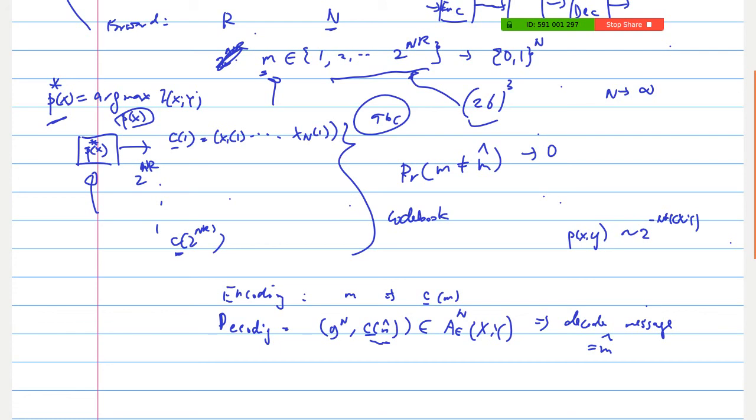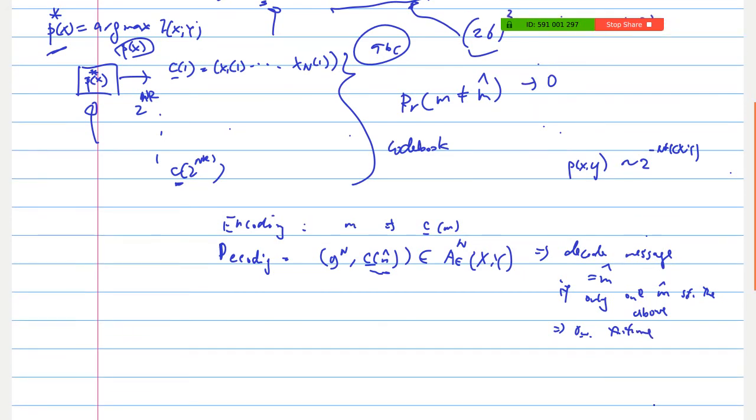There's a chance of success only if exactly one M hat satisfies the above. Otherwise, failure.